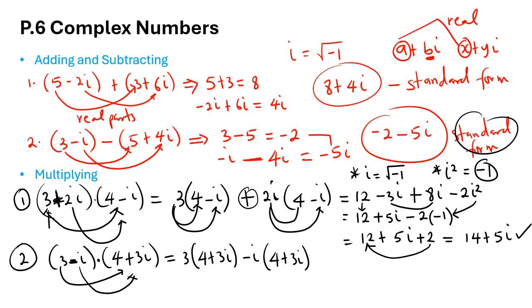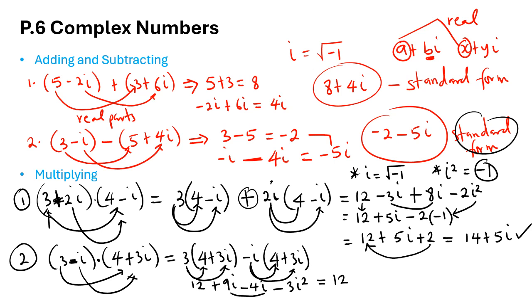Now I have to be very careful here. I'm going to do 3 times 4, that's 12, and 3 times 3i, that's going to be 9i. Now I'm going to distribute -i, so I have to be very careful. -i times 4 will be -4i, and -i times +3i will give us -3i squared. Just like the first example, I'm going to keep the 12.